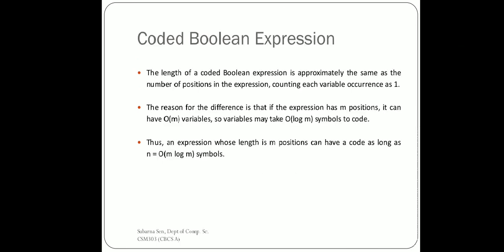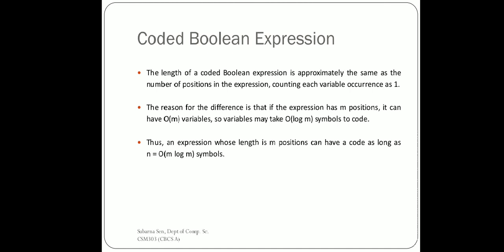Now the length of a coded Boolean expression is approximately the same as the number of positions in the expression, counting each variable occurrence as 1. The reason for the difference is that if the expression has m positions, we can have order of m variables. So there can be this many positions present, and the variables may take order of log m symbols to code.